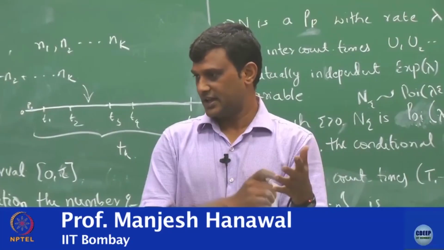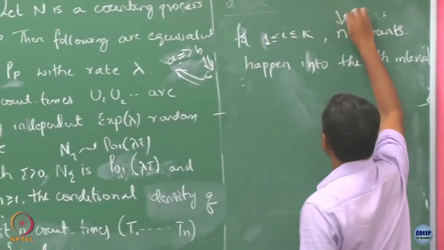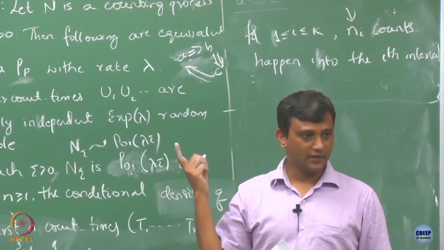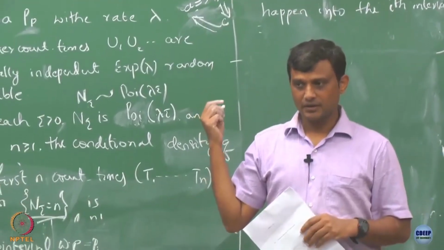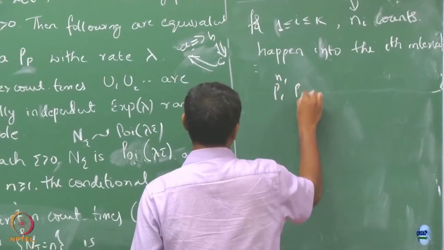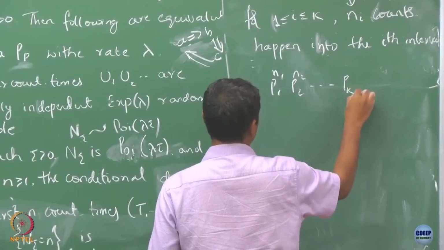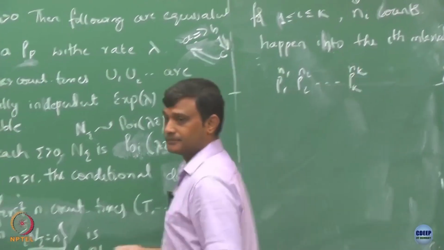So then what is the probability that ni counts go into the ith interval? It is going to be p1 to the power n1, p2 to the power n2, up to pk to the power nk.